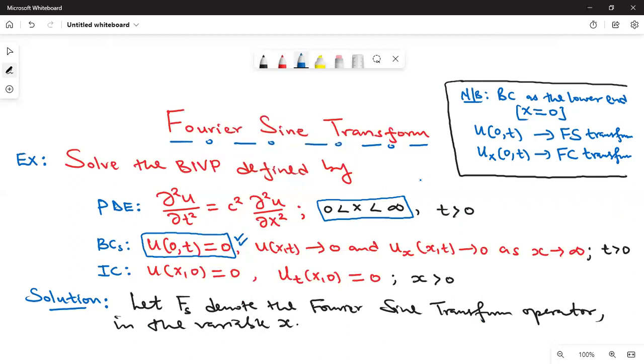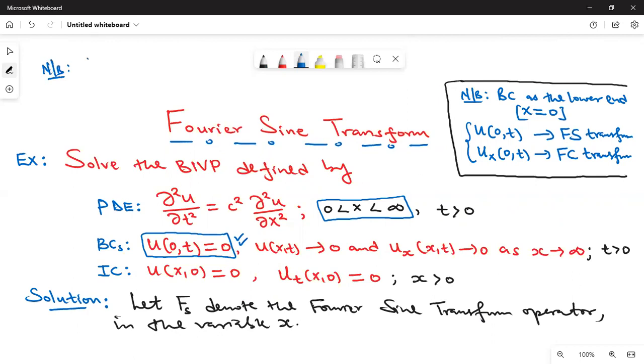And I've told you what will guide you on which transform to use. When you have a complete domain from negative infinity to positive infinity, you cannot use Fourier Sine or Fourier Cosine Transform. There, you're going to use the complete Fourier Transform, the usual Fourier Transform, where you integrate from negative infinity to positive infinity.